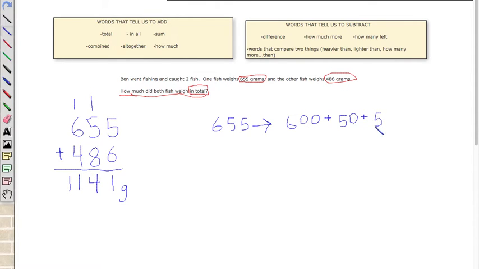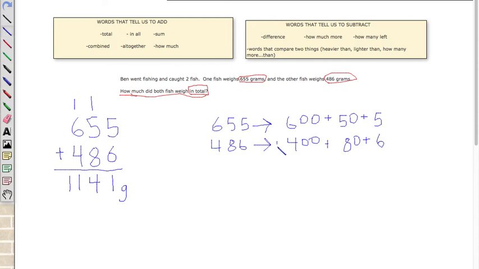So I'm just expanding them. And same thing, if I take 486 and put it into its expanded form, I have 400 plus 80 plus 6.